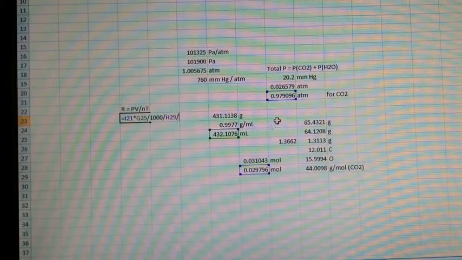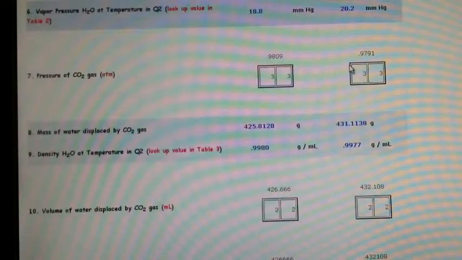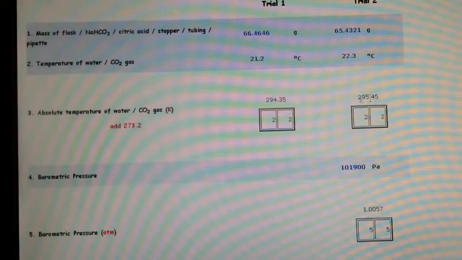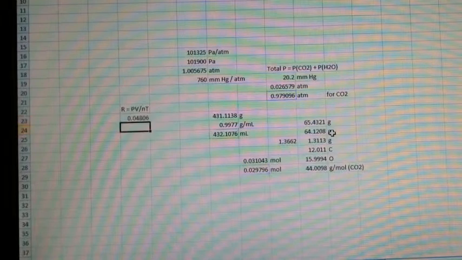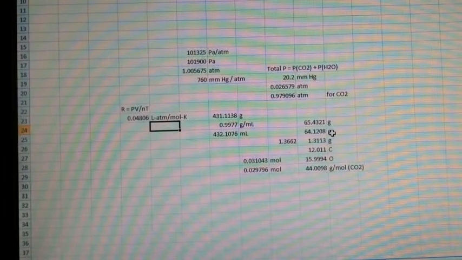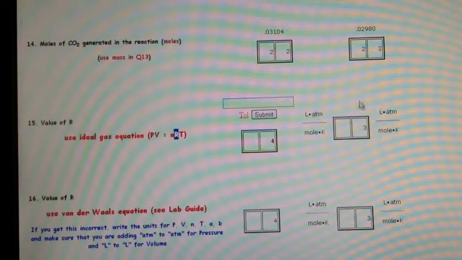I am using the second trial data here, so let me make sure I get the temperature for the second trial, which was 295.45. And there we go. There's my value in liter atmospheres per mole Kelvin: 0.04806. Now that's for my second trial.